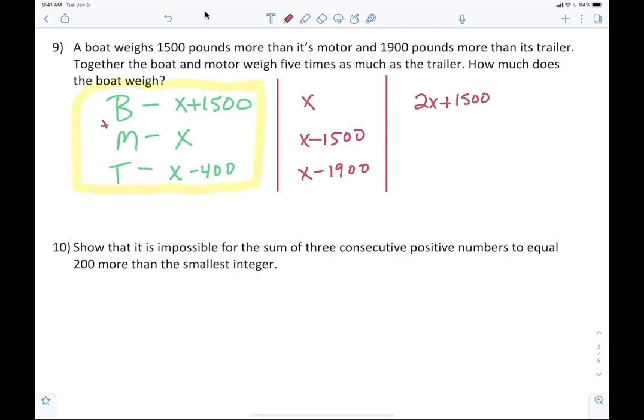That's the boat and the motor. Together, they weigh what? 5 times the trailer. So equals what? 5 times X minus 400. There you have it.